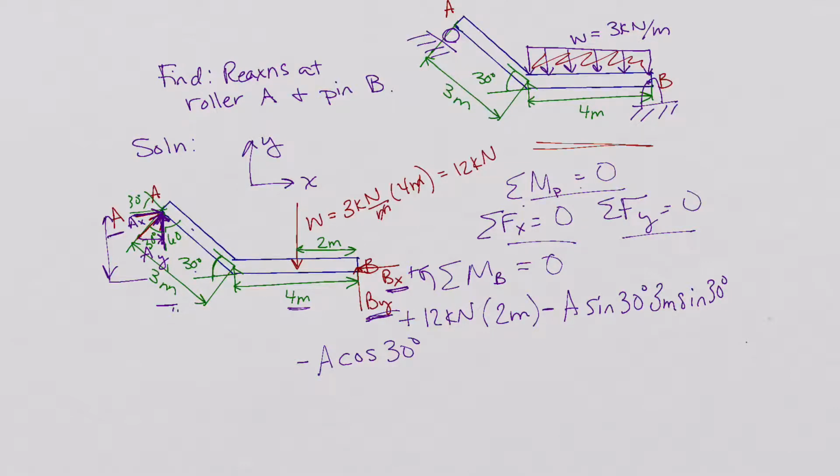And then we multiply that times this perpendicular distance from point B to there. So it's going to be 4 meters plus 3 meters times the cosine of 30 degrees, and that's going to equal 0. So this is kind of good. We have our A unknown, and there's nothing else, so we should be able to figure it out.